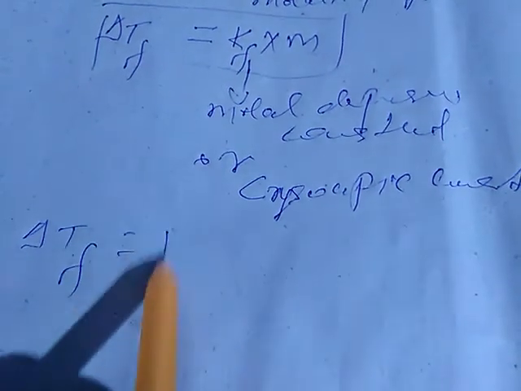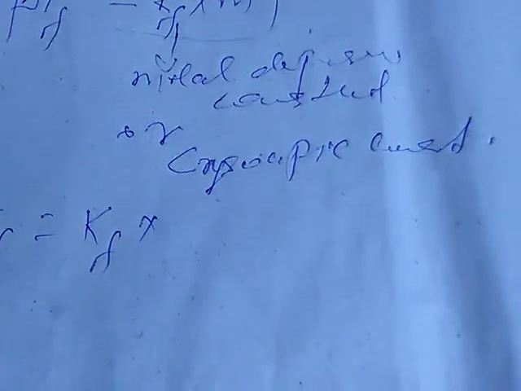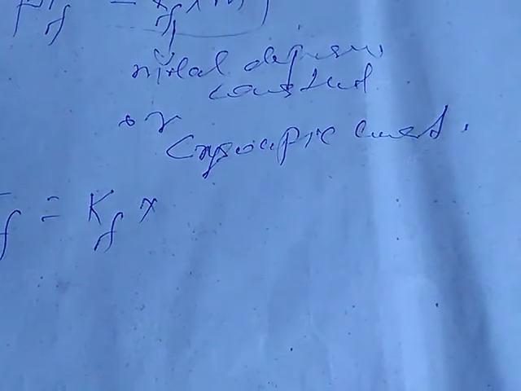Now we will bring about some changes in the expression. Delta Tf is equal to Kf into m, and as this m is molality, if you remember in the starting lecture all those concentration terms, where we talked about molality, molarity, normality, mole fractions, and many others, from there we got that molality is mole of solute by mass of solvent in kg.